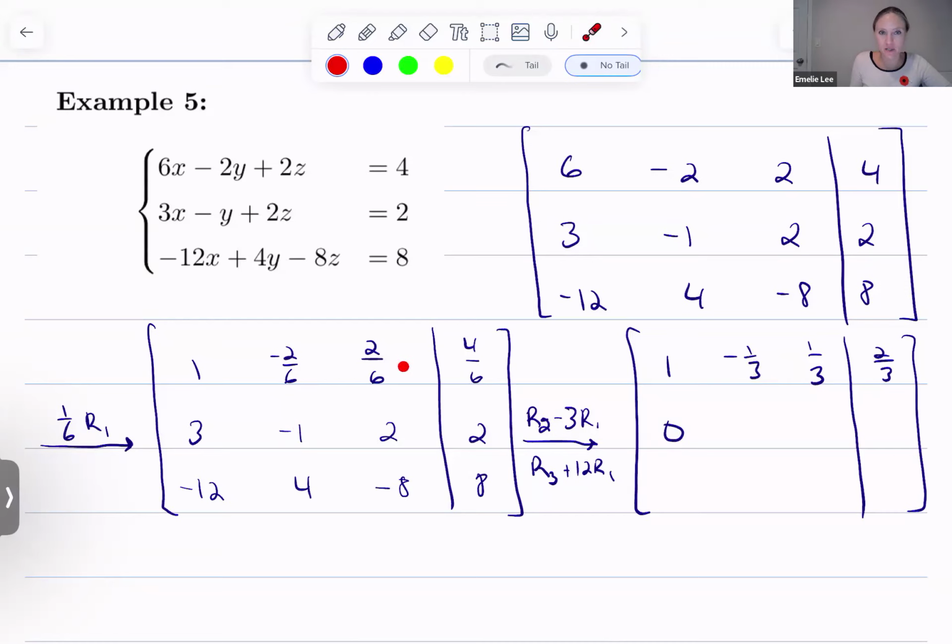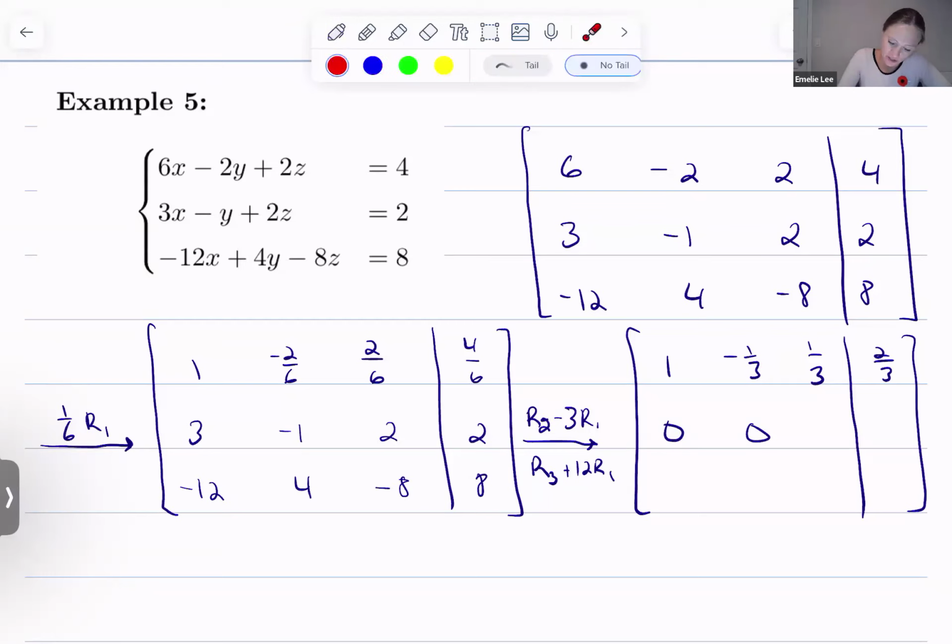These are the same. I just simplified them, so I'm not actually making a change here. Negative 1 minus 3 times negative 1 over 3 makes plus 1. So negative 1 plus 1 is 0. That's a bummer.